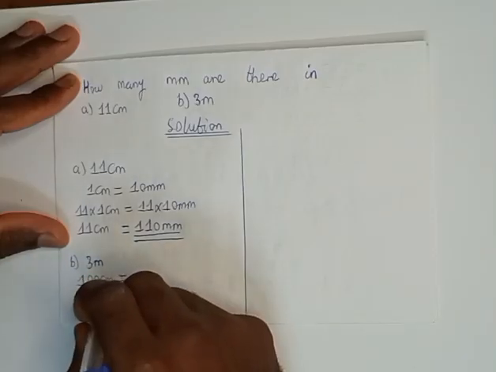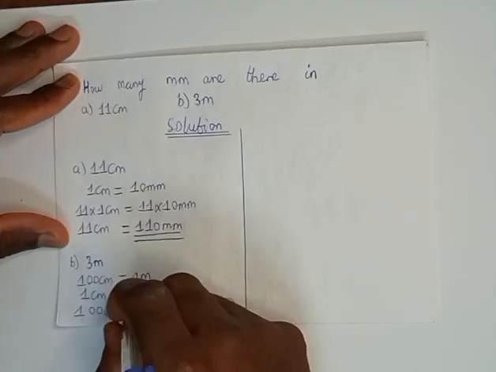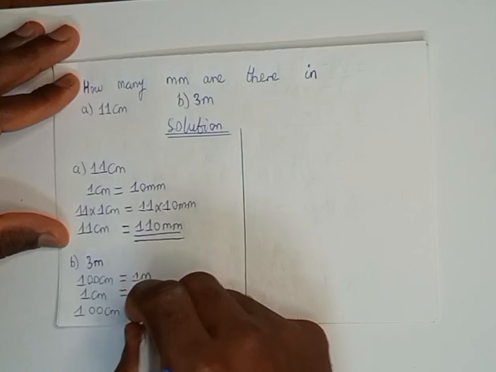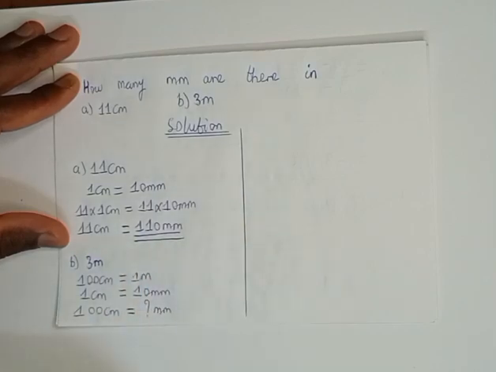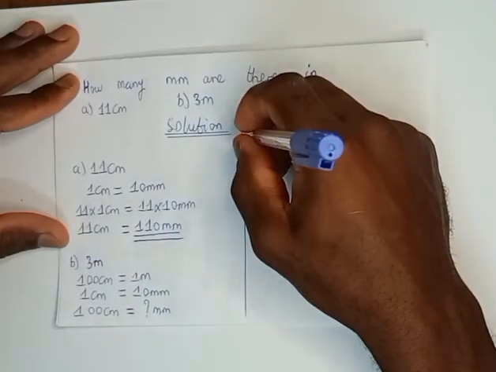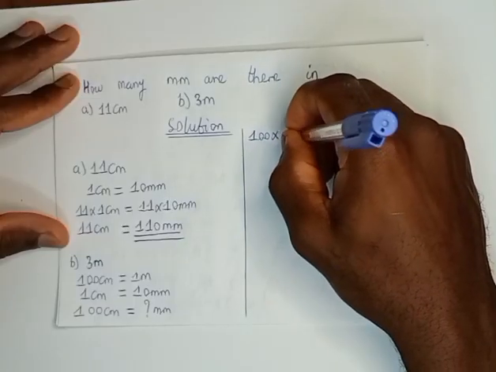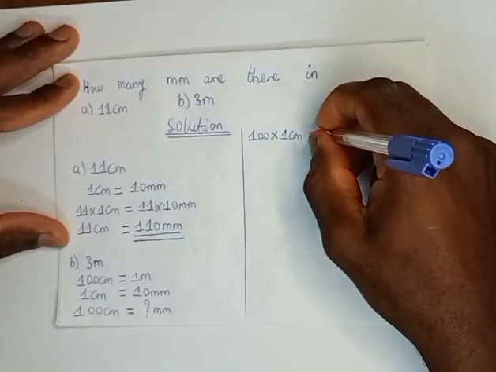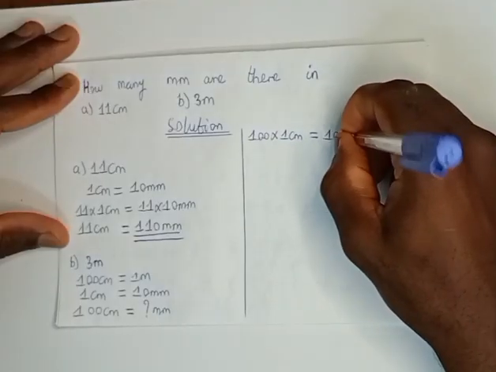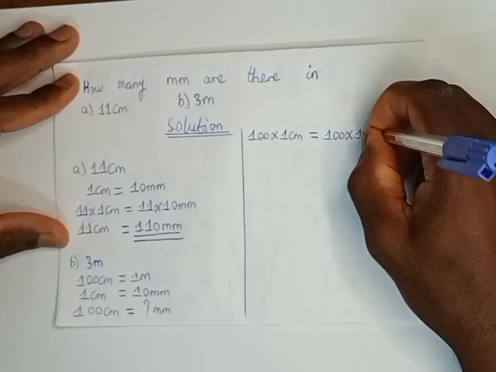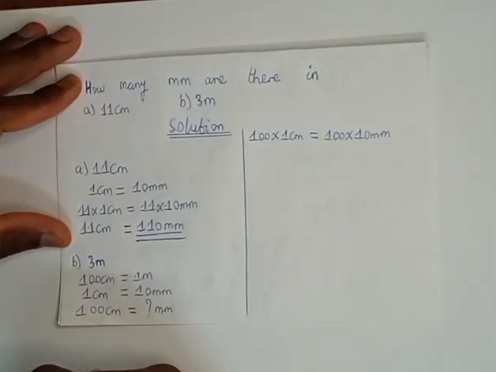100 centimeters is equal to, in millimeters, we don't know it. Multiplying both sides of this equation by 100, 100 times 1 centimeter will be equal to 100 times 10 millimeters.